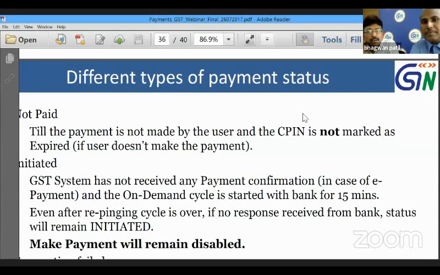For mode 1 and mode 2, that is e-payment, and for OTC payment, you can make payment only from these 25 banks. But for NEFT RTGS, you can go to authorized banks as well as other than authorized banks. So only for NEFT mode, you have a wide range of options, but for mode 1 and mode 2, you have to opt only for the authorized banks list.